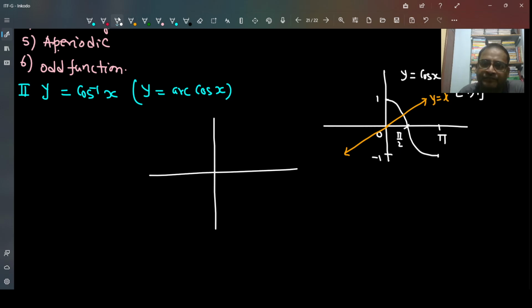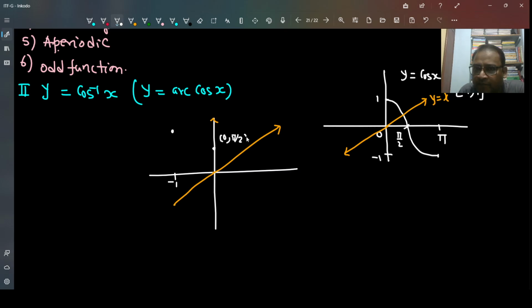What will happen? The point here is pi comma minus 1, so this will become minus 1 comma pi. At minus 1, the height will be pi. This is pi by 2 comma 0. After reflection, it will be 0 comma pi by 2.